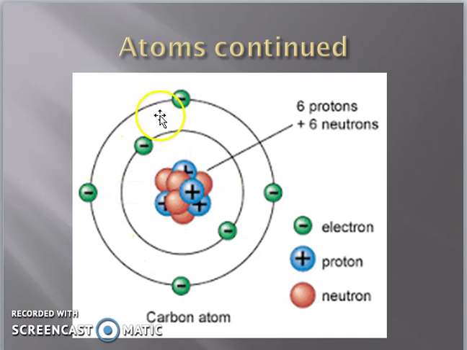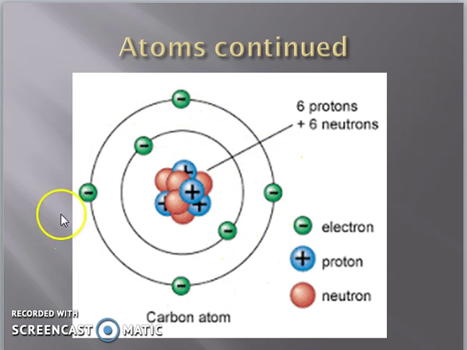Now, one really important thing to understand about atomic structure is that in order for an atom to be considered stable, they try to get these orbitals full. So for an orbital to be full, the first one will have 2 electrons, and then a stable atomic structure will have 8 electrons orbiting in all the orbitals outside of that.